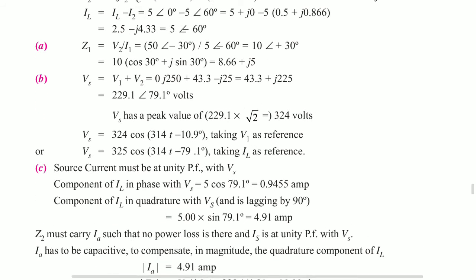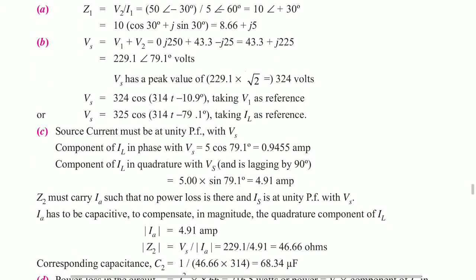Now part A: Z1 is equal to V2 by I1, that is equal to 50 angle of minus 30 divided by 5 angle of minus 60, which gives 10 angle of 30 degrees, that is equal to 8.66 plus j5.